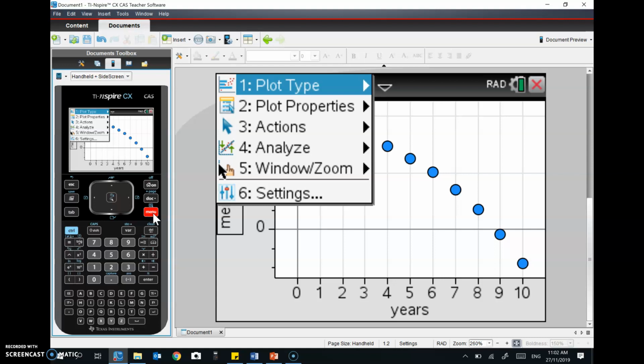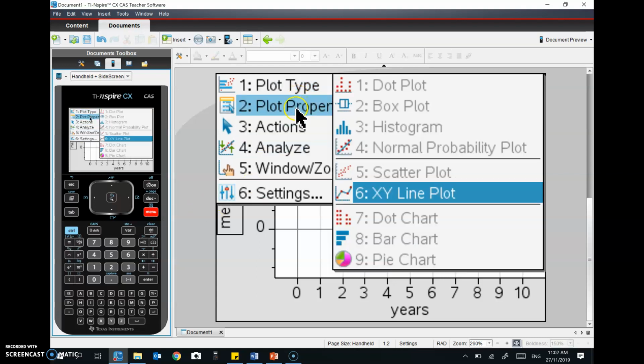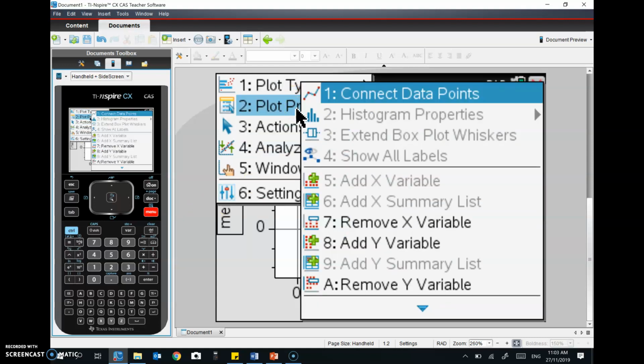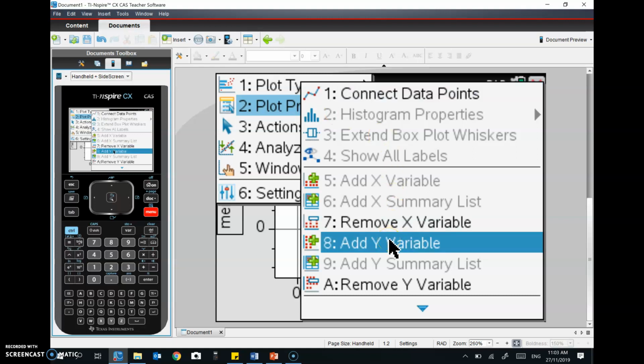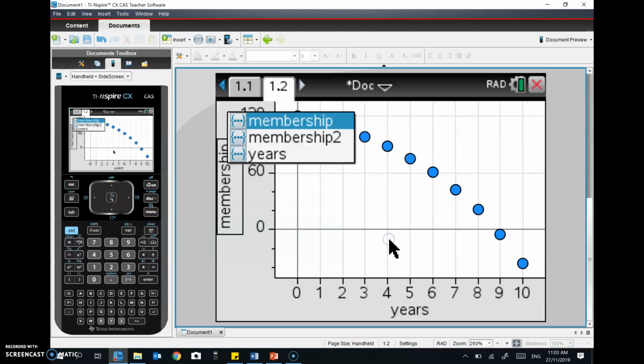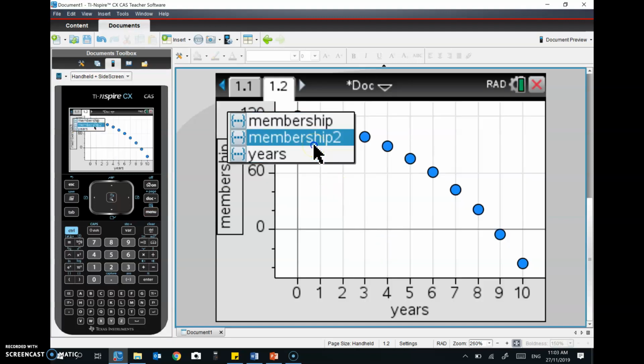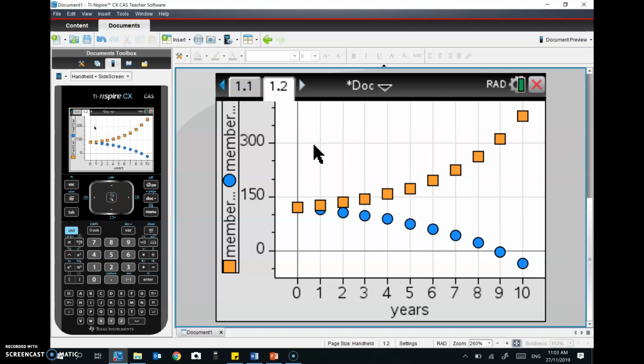So we're going to go Menu and Plot Properties, number 2. And we're going to add a Y variable. We're adding another variable to our Y-axis. And that is going to be membership 2. And so the calculator will work that out for us, and there it is.